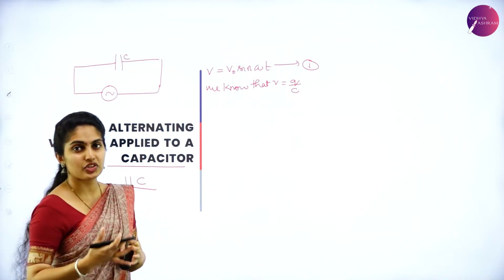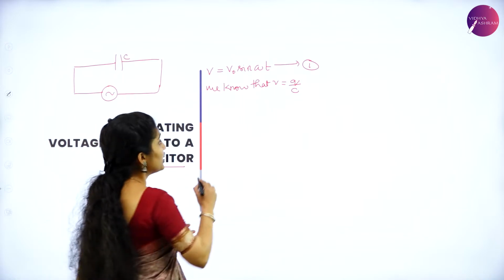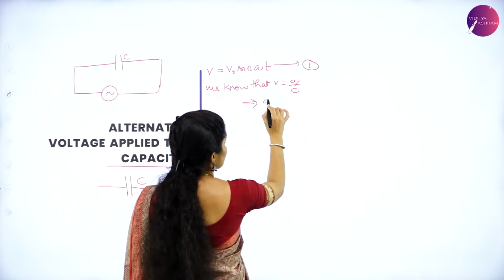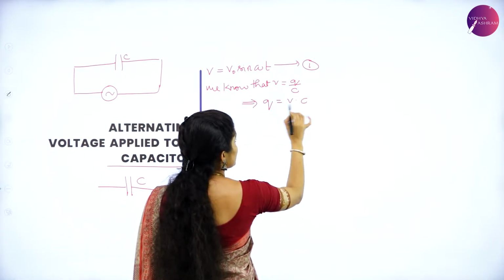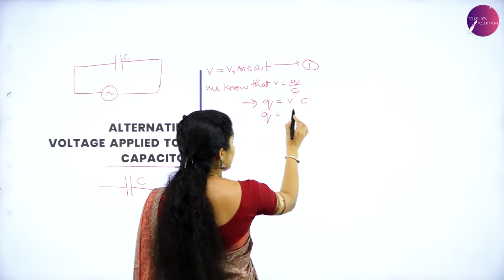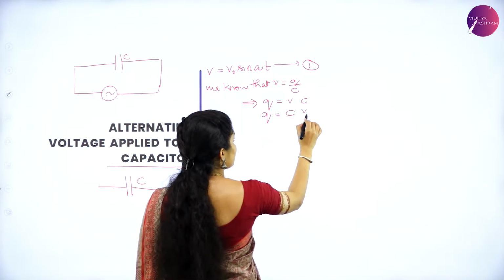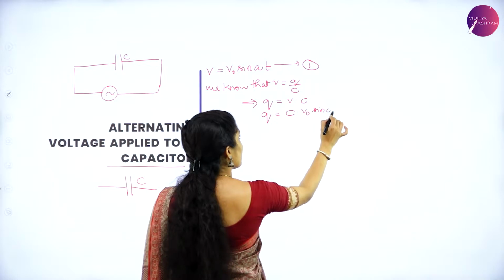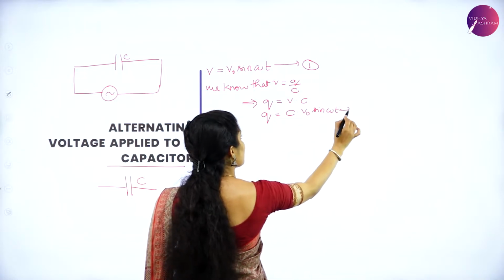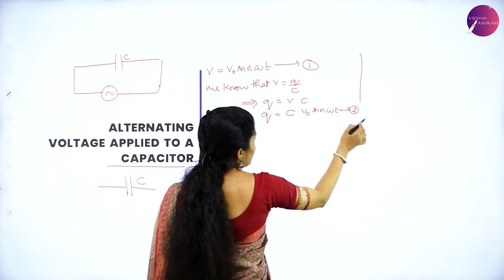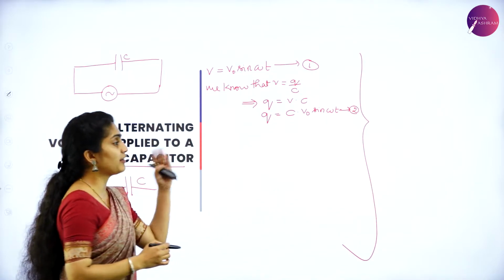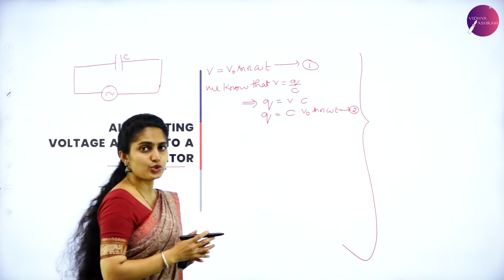So we have the equation V is equal to Q by C, so Q is equal to V into C. Substituting for V, we have C into V naught sine omega t. Consider this as equation 2. So we have equation 1 and equation 2 in our hands.